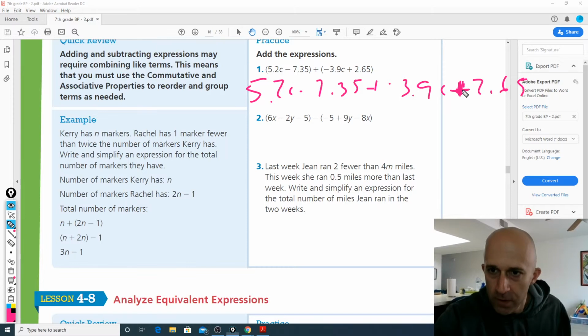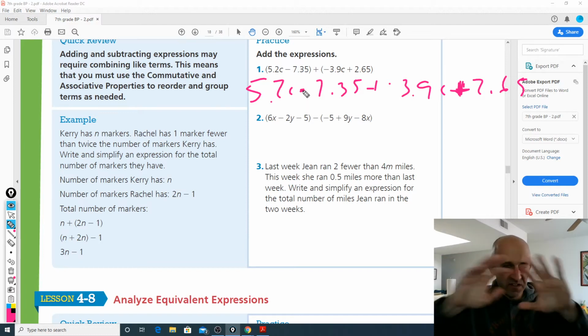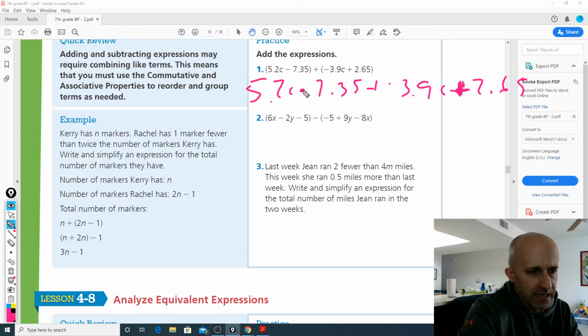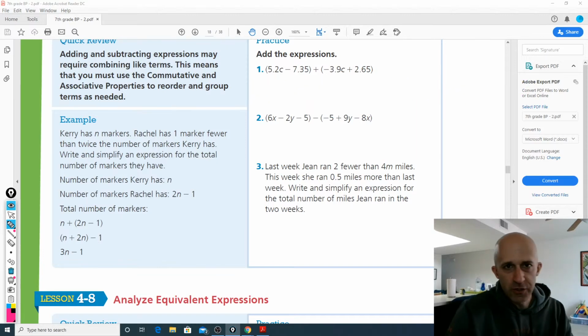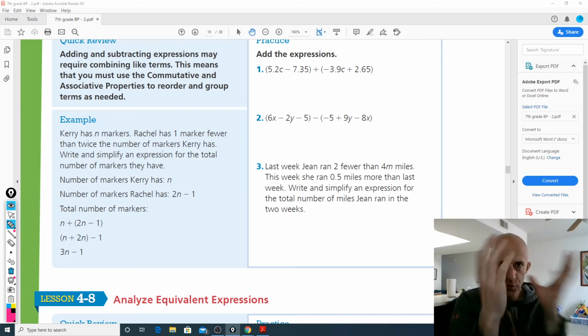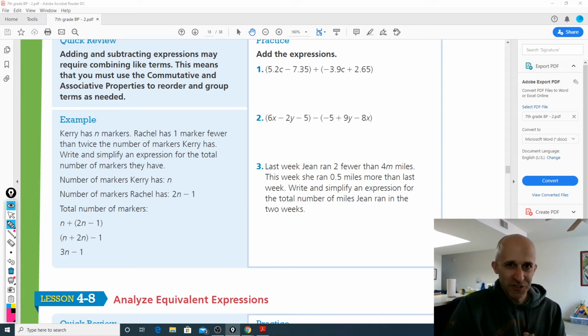There we go. Yes, you can take those parentheses and get them out when you're dealing with addition, because you use your commutative property to move these around. That's why addition is always such a great thing to deal with.